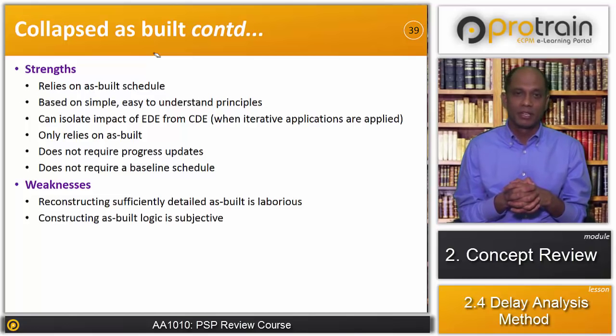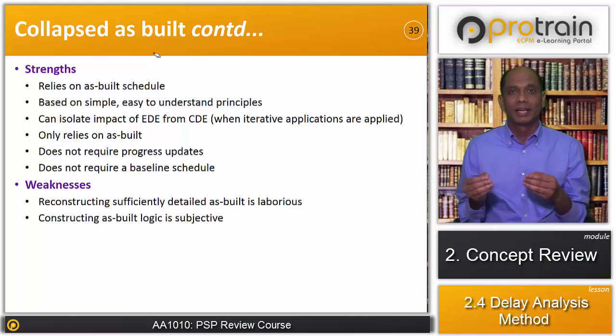Reconstructing a sufficiently detailed as-built schedule is a very laborious exercise. The information about the way the project was completed, the relationships and the dates on which the activities were completed may not be available all the time.